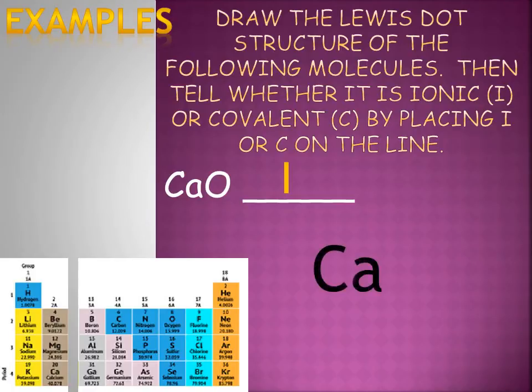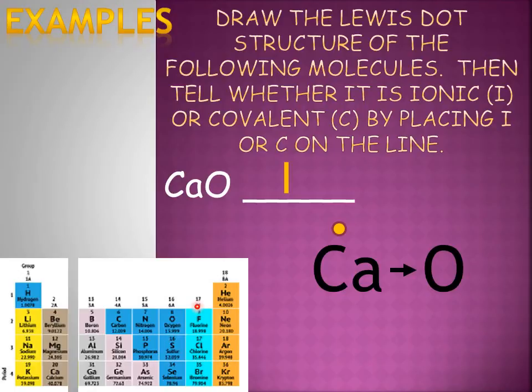So we're going to draw a Ca, and we're going to draw your O, and then a line in between. And on this one we're going to show which direction those electrons are going to be going. Okay, and I have it pointing towards the O. Let's figure out how I determine that. Calcium is right here in group 2. It has 2 dots. Remember, one of those dots is right here on the line, and there's my 2nd dot.